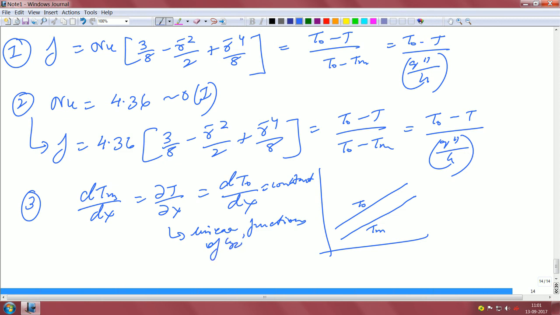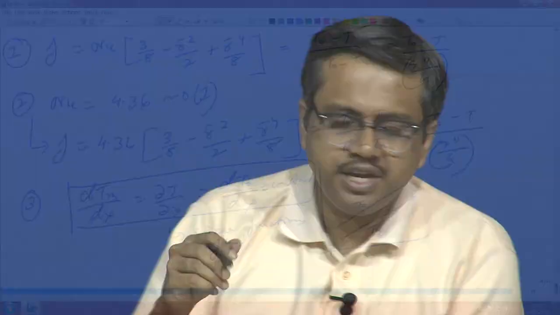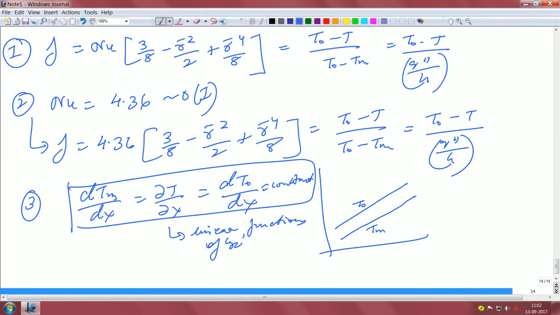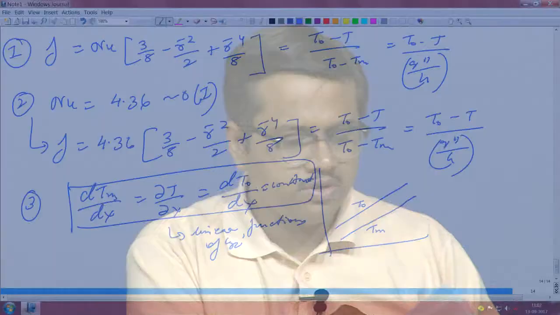You can also find out what your mean temperature profile is going to be, because you have already got the definition of mean temperature. Utilizing all these things, we have got these three important findings out of this entire exercise.